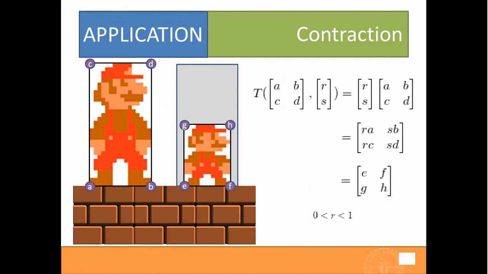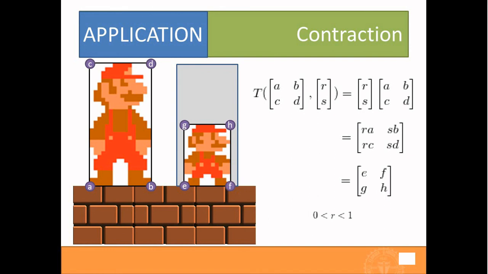So the same application can be applied to the transformation concept of contraction if Super Mario was to decrease in size. His original state can be represented as a matrix A, B, C, D, and as scalars r and s, which represent the height and length changes respectively.